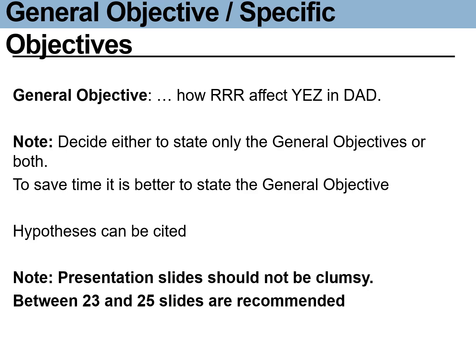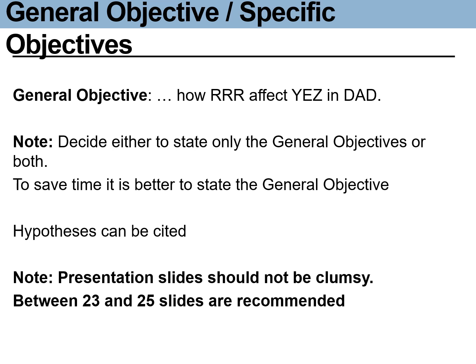So you may decide to list the specific objectives as well, but here I have decided to only come up with the general objective, because in the course of the presentation you will see that in the analysis and interpretation of data, the specific objectives are explained there.